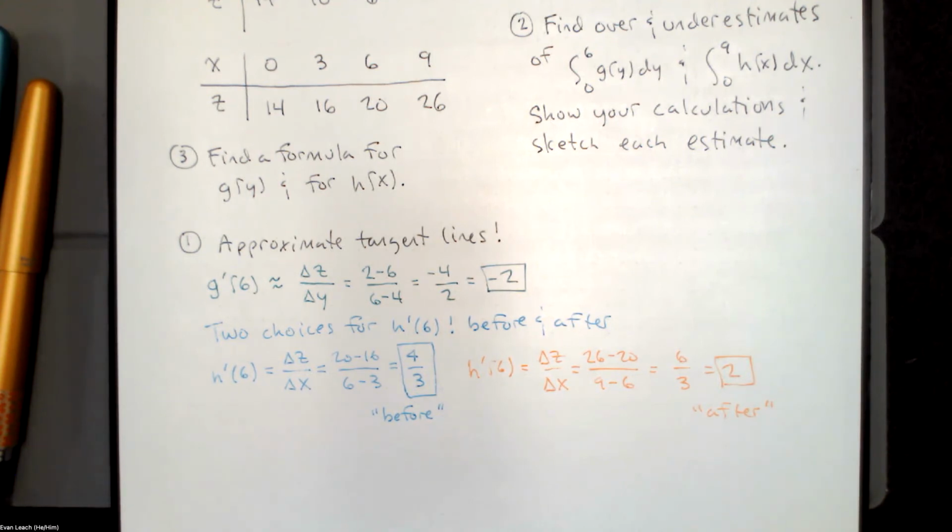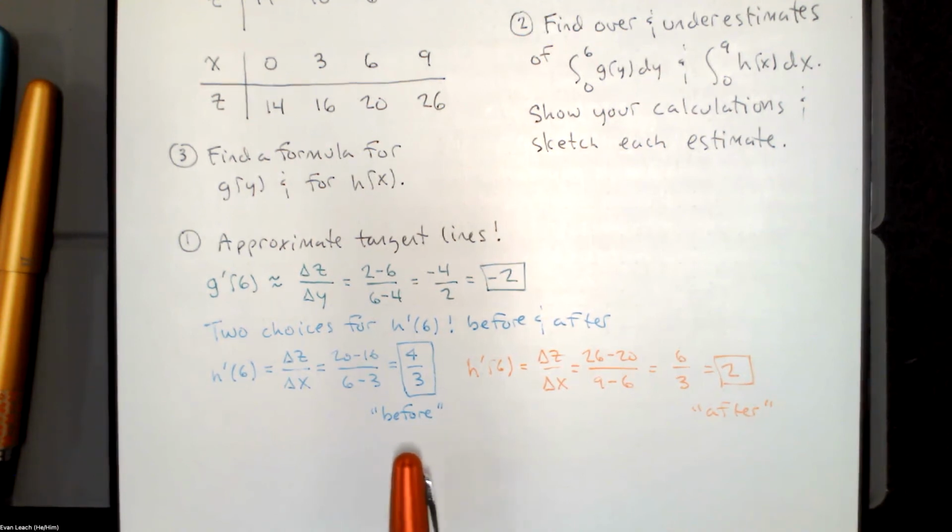But we do get some more information. Going into 6, we are at a slope of 4/3. Coming out of 6, we're at a slope of 2. So we do know some more information. This tells us that h of x is concave which way? H of x has concavity because before 6, we were at 4/3, 1 1/3, and after 6, we're at 2.